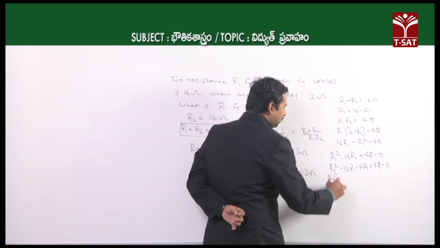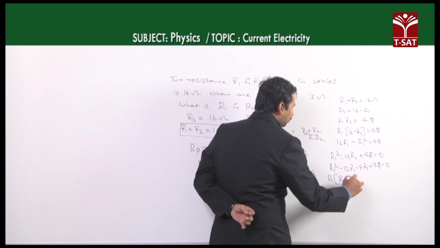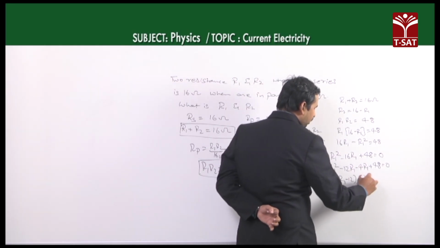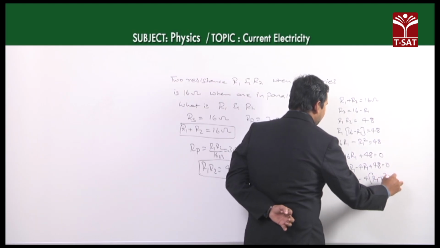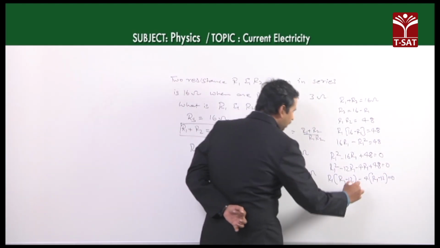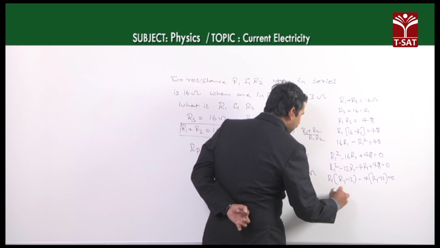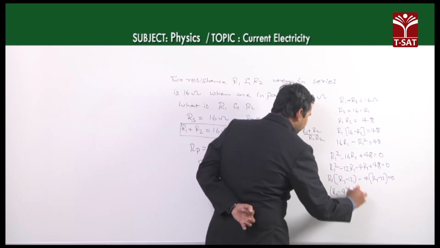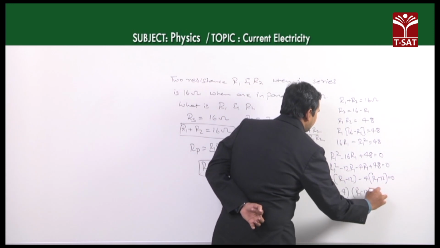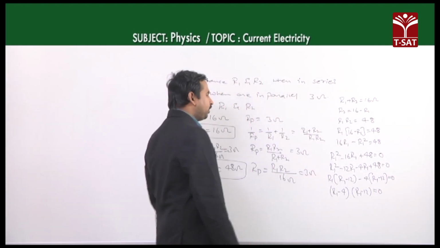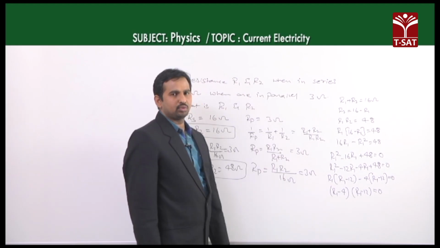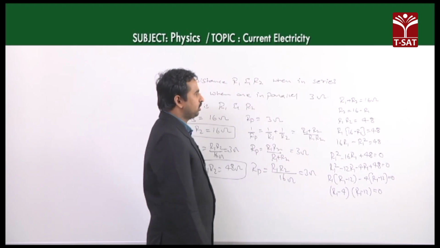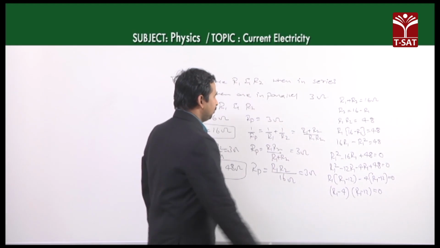Taking common, R1 minus 12 and R1 minus 4 is equal to 0. Means for R1 we are getting 2 values: R1 minus 4 is equal to 0 and R1 minus 12 is equal to 0.